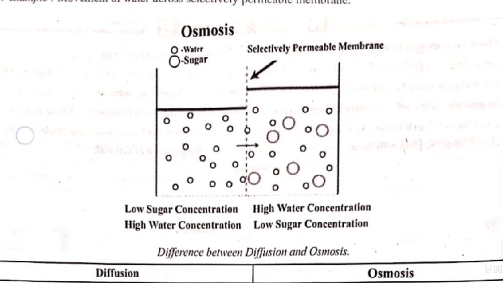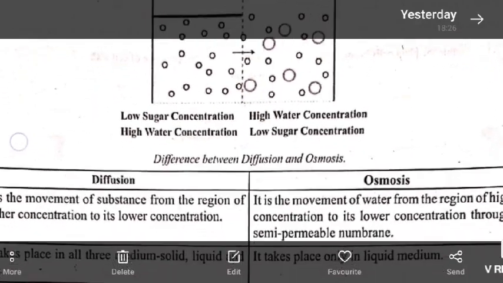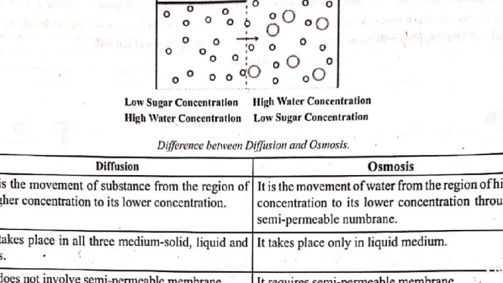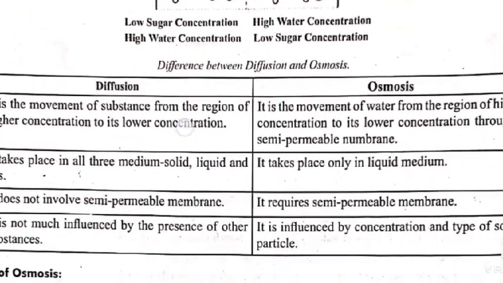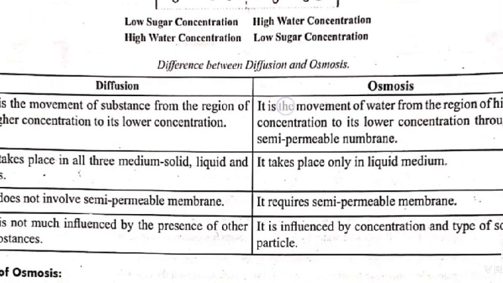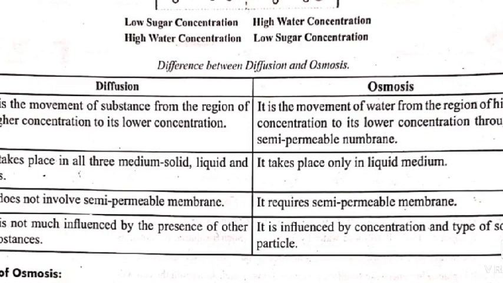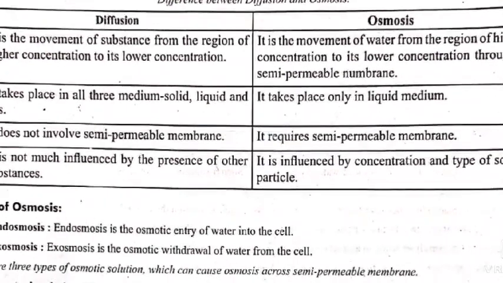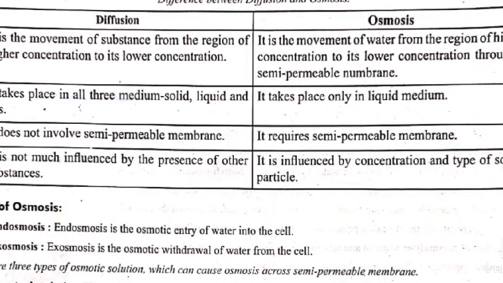The difference between diffusion and osmosis. Diffusion is the movement of substances from the region of higher concentration to the lower concentration. Osmosis is the movement of water from the region of higher concentration to its lower concentration through a semi-permeable membrane. Diffusion takes place in three media: solid, liquid and gases.